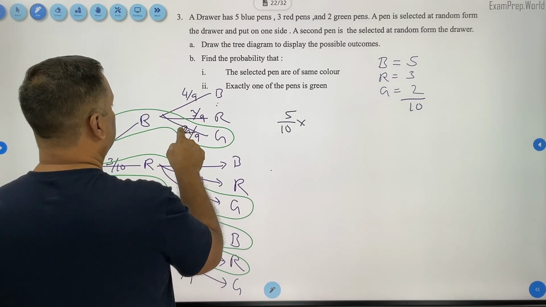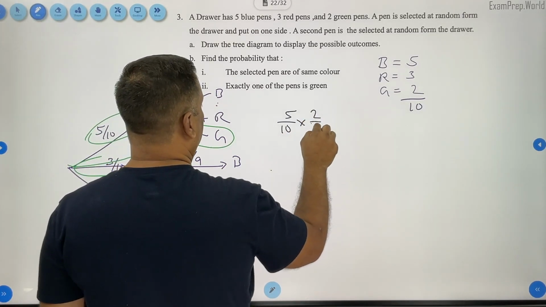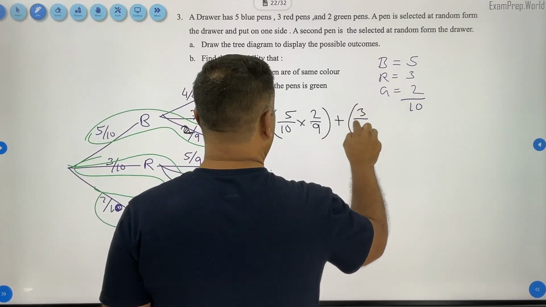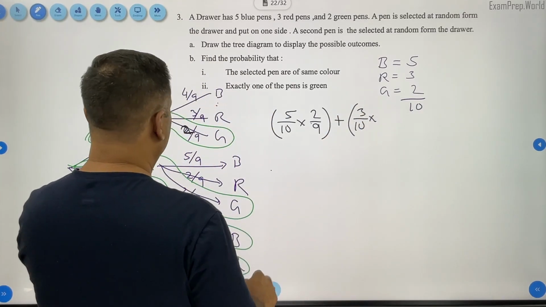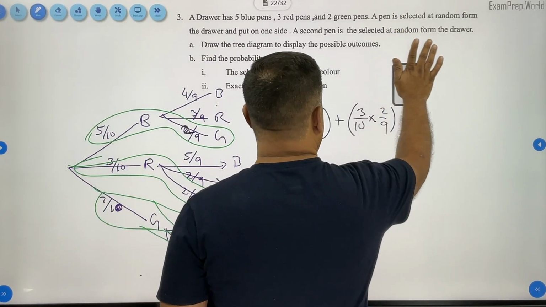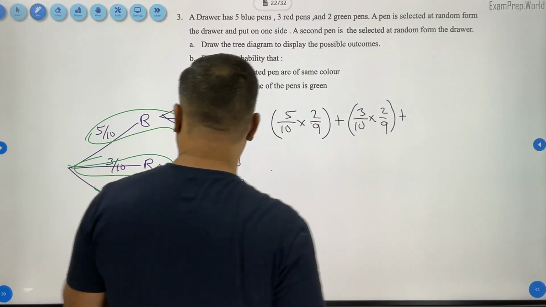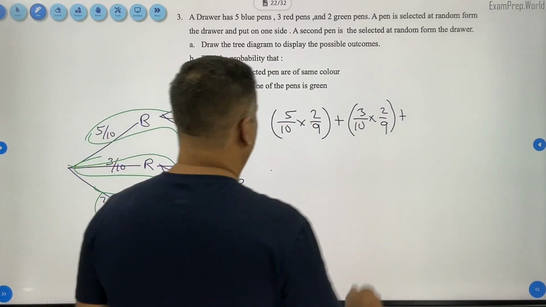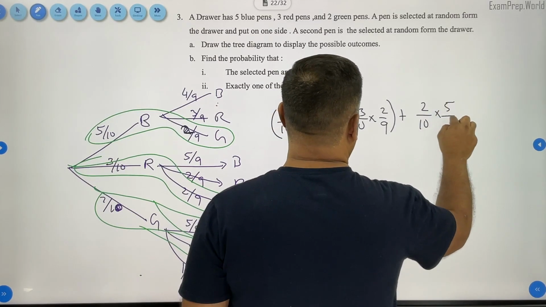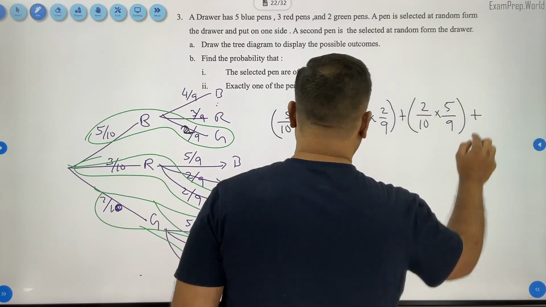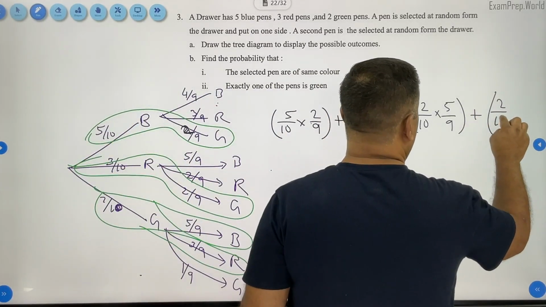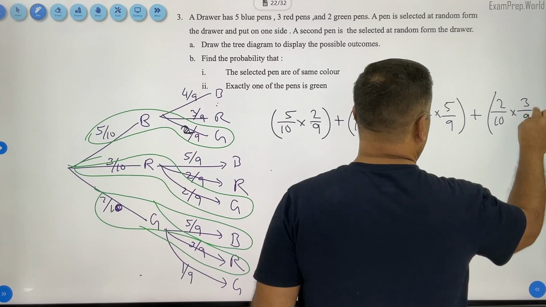It should be 2 upon 9, plus 3 upon 10 times 2 upon 9, plus 2 upon 10 times 5 upon 9, plus 2 on 10 and 3 on 9.